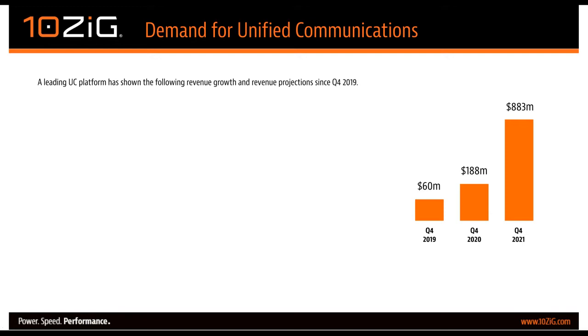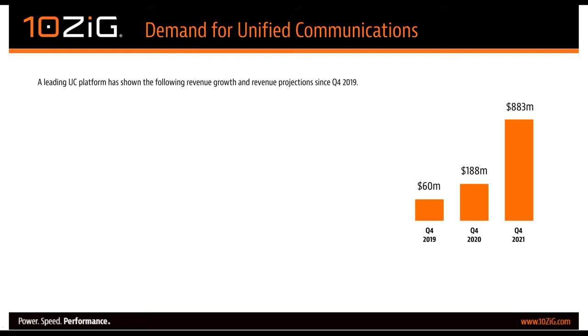So firstly, we're specifically not calling out the UC platform here, but these stats on the right-hand side of the slide, again from a leading UC platform, have shown the revenue growth as well as revenue projections from Q4 2019 through Q4 2021.